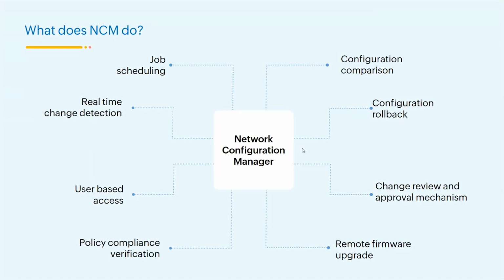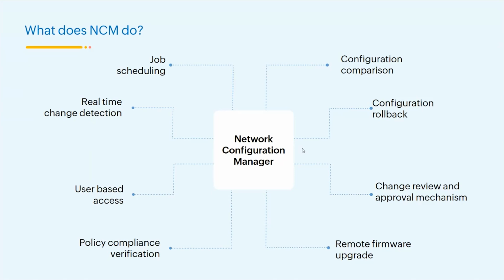If they make any changes to the devices which you have given access to, it will go through a review mechanism where the changes will be immediately notified to the admin. Only if he requires the changes, he'll accept, or else he can also choose to reject the change. This change will be notified to the operator as well. This comes under role-based access control, which will be explained in detail in part 2 of Network Configuration Manager.